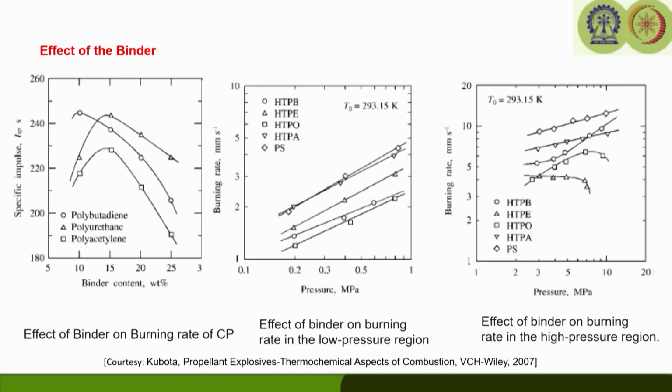Now, we have also said that not only the ammonium perchlorate crystals have an influencing role on the burn rate of the propellant, but there is also a major factor played by the effect of binders.